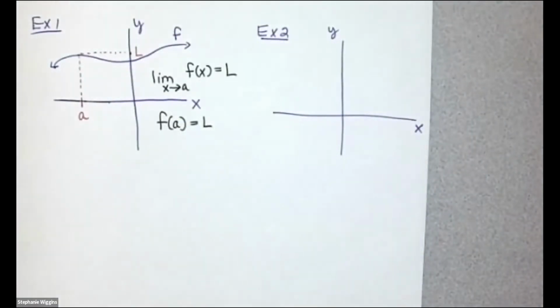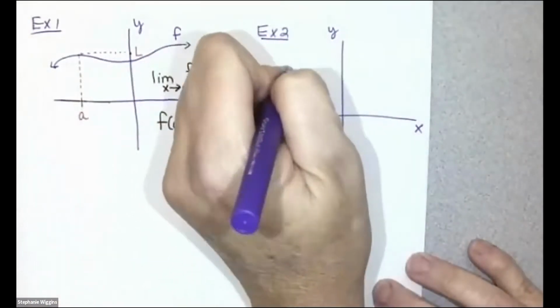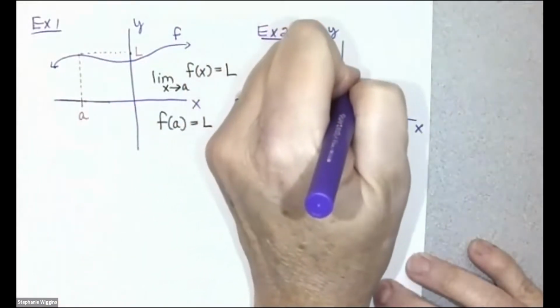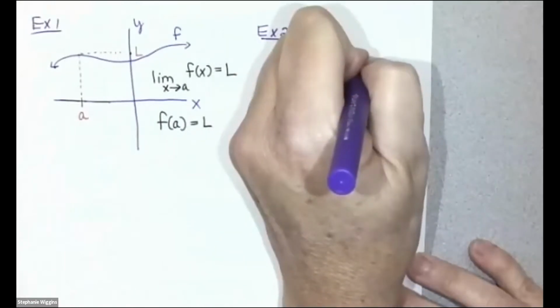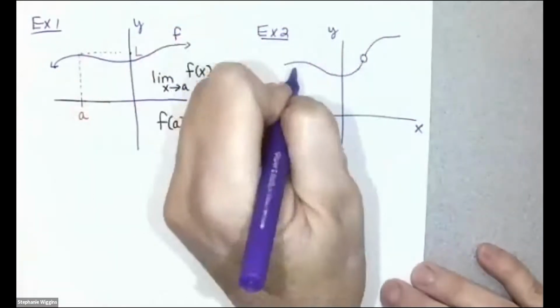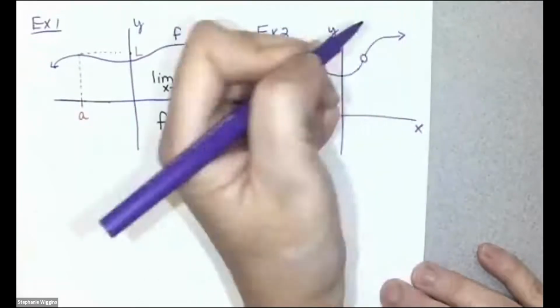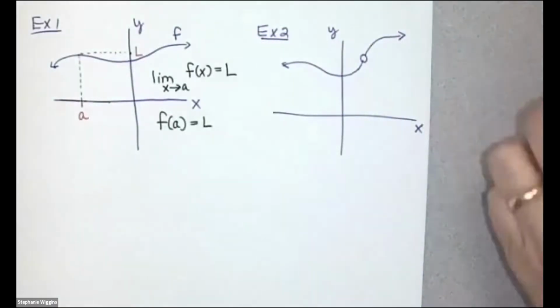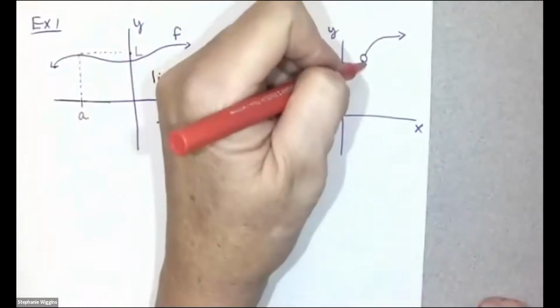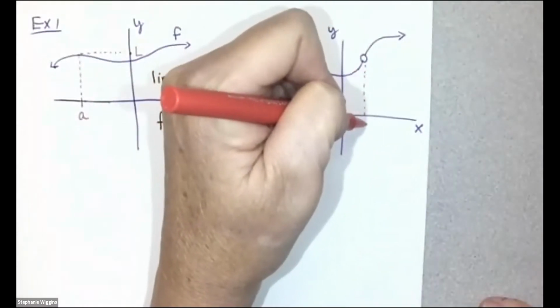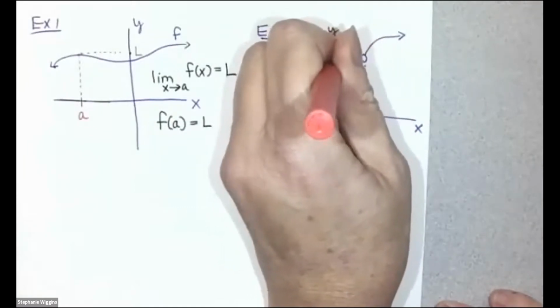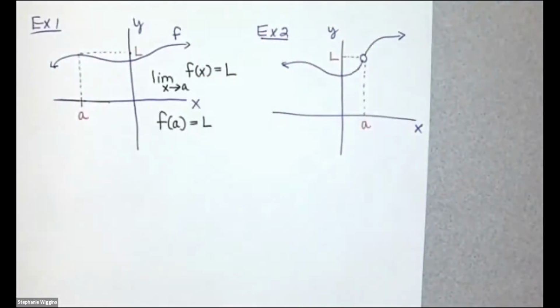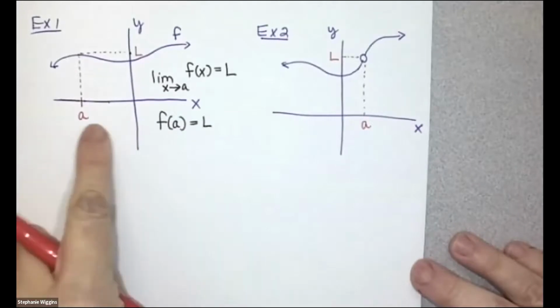All right, so now I'm going to draw a function that's a little different. It's a curve, but then it has a hole right there. And at that spot, the x value is a, and the y value is L. Okay, so it's really close, similar to this example.